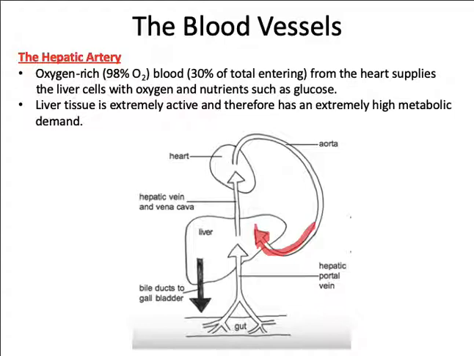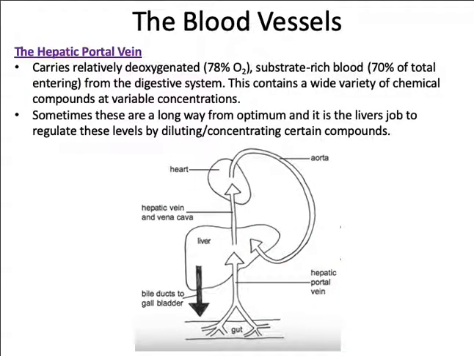In addition to the hepatic artery, we've got the hepatic portal vein. This time, using a different colour, the hepatic portal vein, you can see several branches from the gastrointestinal tract.